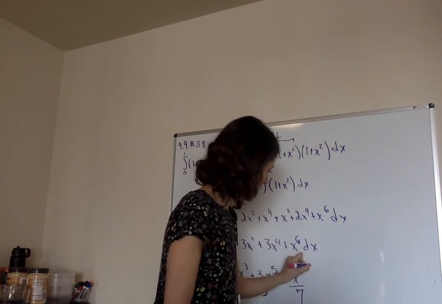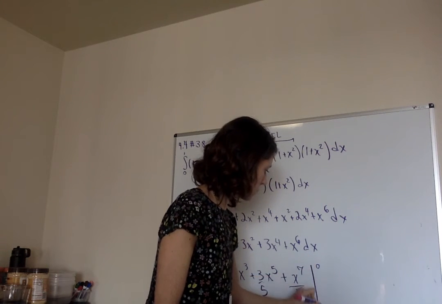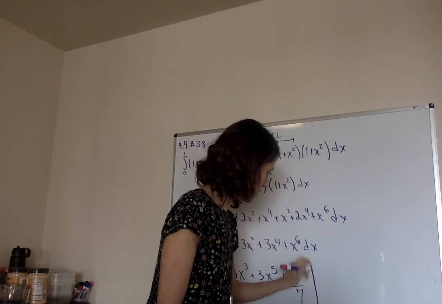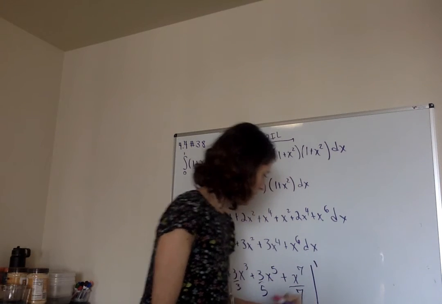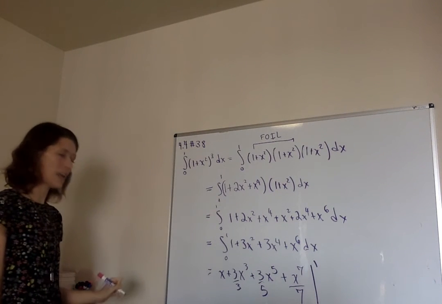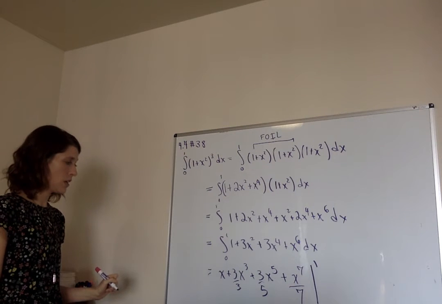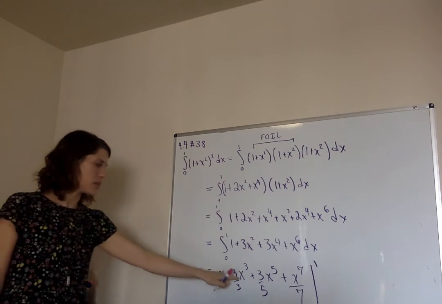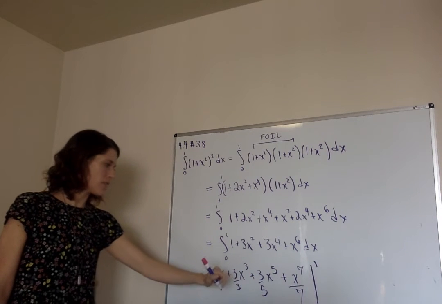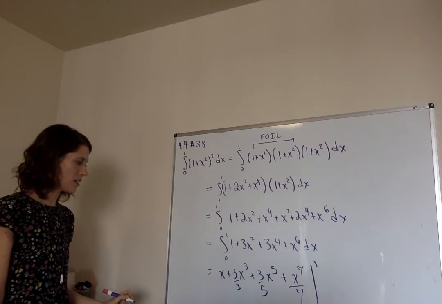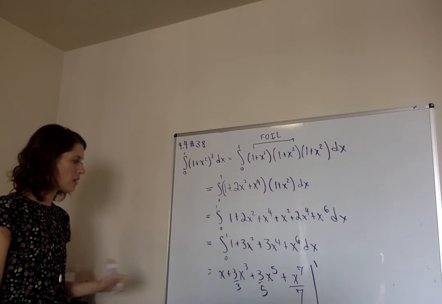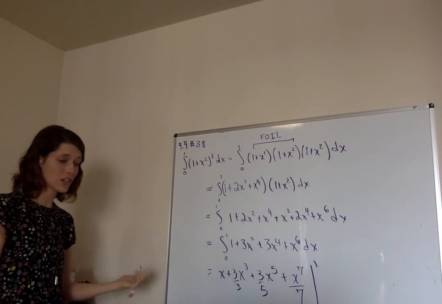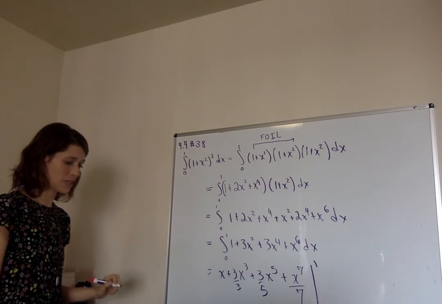So I'm going to evaluate at 1, evaluate at 0, and then subtract the result. Evaluating at 1, I get 1 plus 1 plus 3/5 plus 1/7. Evaluating at 0, since everything has an x term, it's just going to evaluate to 0.